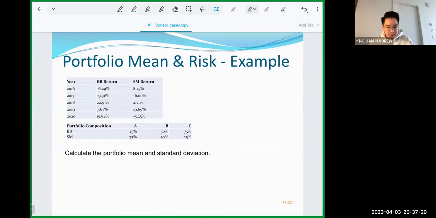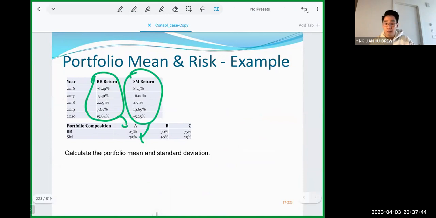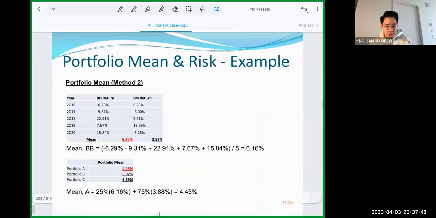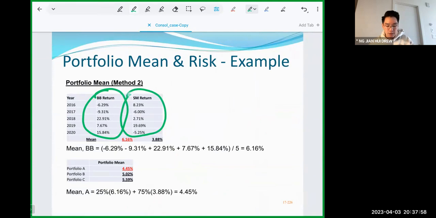For method 2, what are we doing now? We are going to first compute the mean returns for BB and the mean returns of SM. After calculating the mean, we then multiply by the portfolio composition. So that's how we calculate the mean, and remember, it's a bit different from method 1. We calculate the mean using the simple average, as shown here.